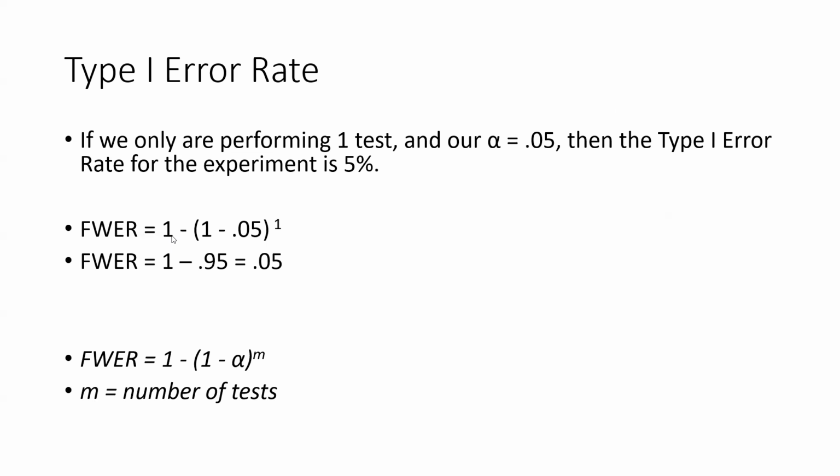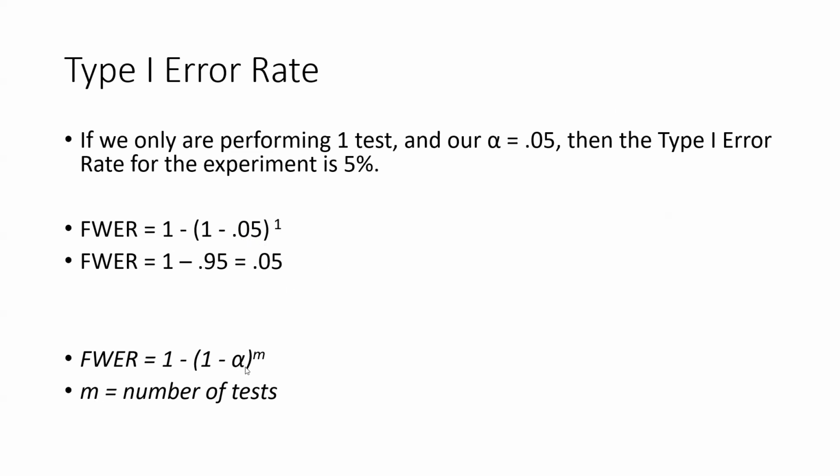This value 1 is static regardless of anything else in the equation. We're performing one test. This 1 as well is also static regardless. So the only values that we're going to be changing as it depends on the circumstances are this value here and this value here.